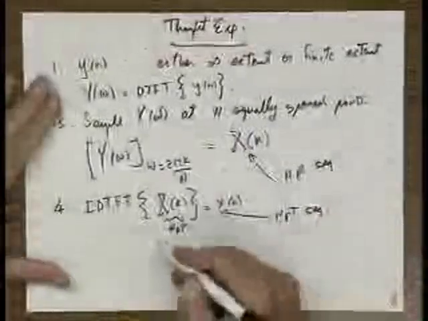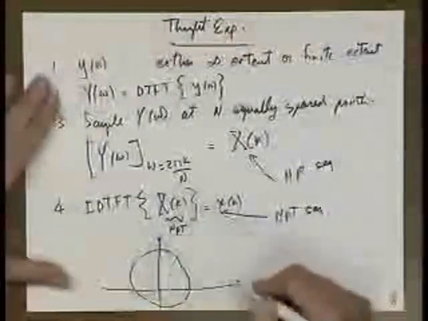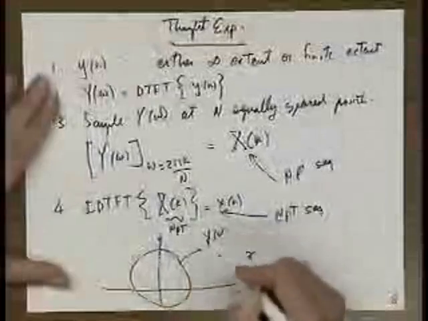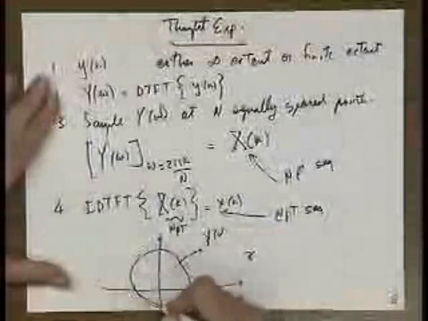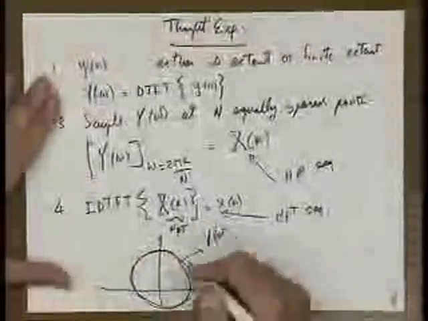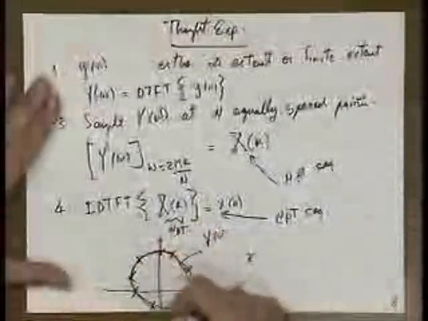So effectively what's happening is, in the z domain, I have Y of omega, which is Y of z evaluated on the unit circle, and I'm just sampling it arbitrarily at n equally spaced points.